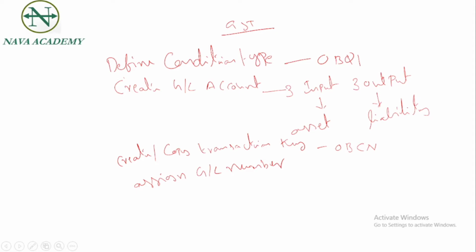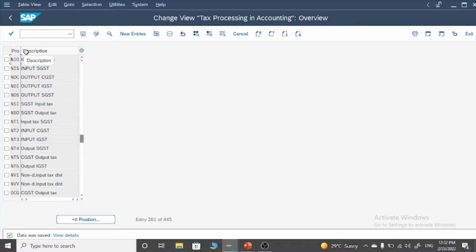How to assign? T code is OB40. Slash n OB40. Click on enter.